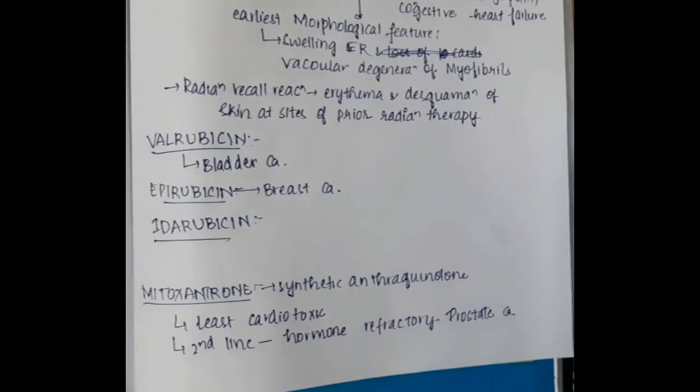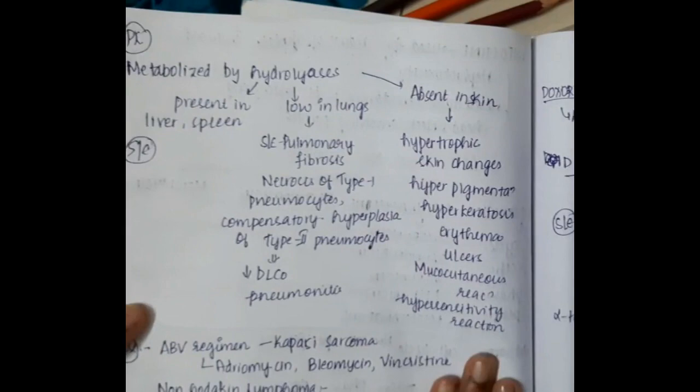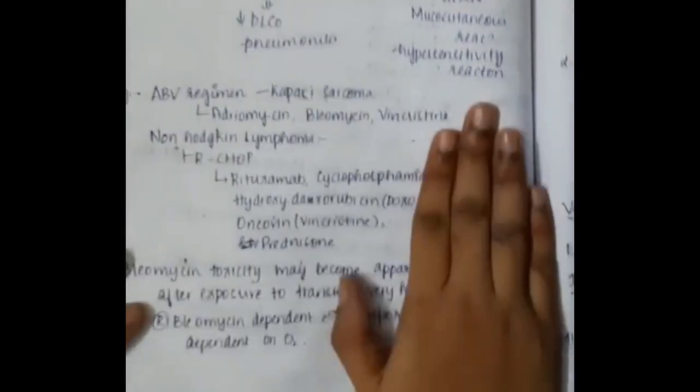If you see the uses of this drug, first it is used in Kaposi's sarcoma, where the regimen is the ABV regimen, which is Adriamycin, Bleomycin and Vincristine.